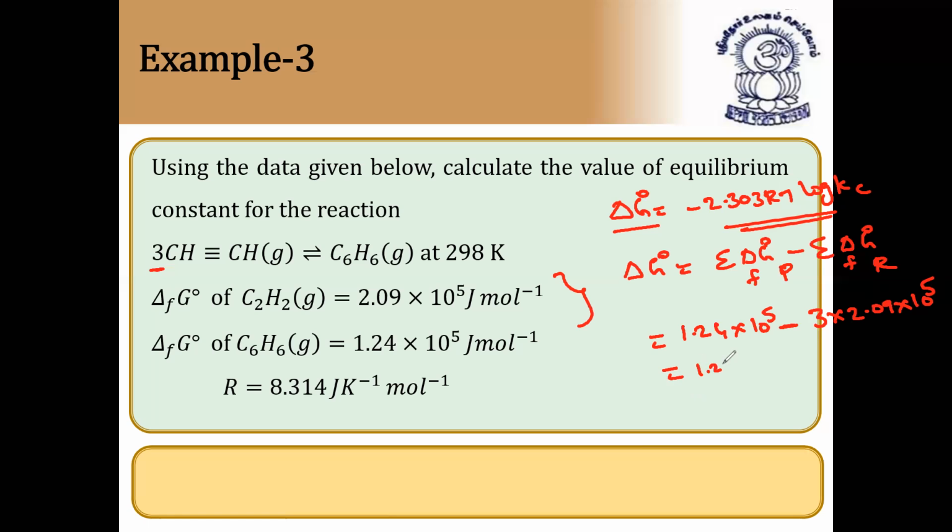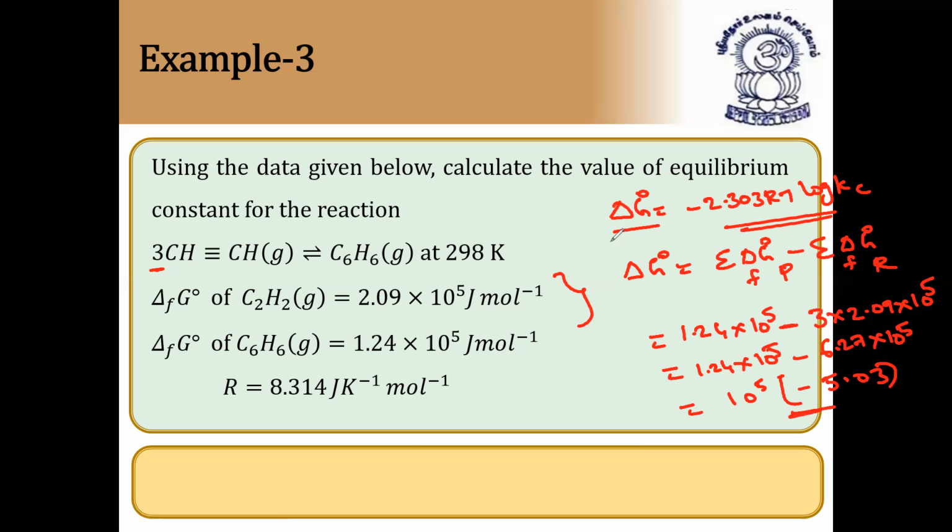It is equal to 1.24 into 10 to the power 5 minus 3 into 2.09, and 3 into 2.09 is equal to 6.27 into 10 to the power 5. Taking 10 to the power 5 common, 1.24 minus 6.27 is equal to minus 5.03. So into 10 to the power 5, you have to multiply this. Then you will get the value of delta G.